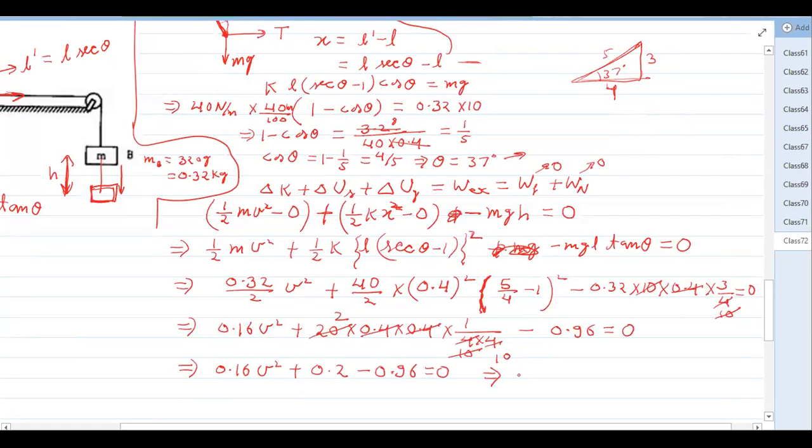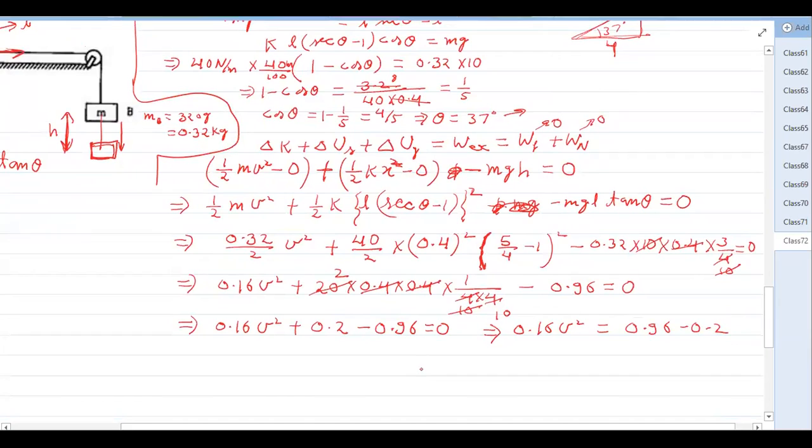Or we can write 0.16 v square equal to 0.96 minus 0.2. If we subtract this, we get 0.76. So v square is 0.76 by 0.16.